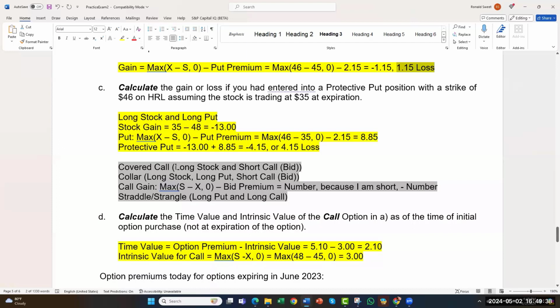Making it clear, whatever you get on this part, make sure you know that. Stock's easy: whatever that ending price is minus what that first number is. And then everything else is what you've already done. There's no difference, other than you might have to substitute the bid for the ask on the call option and then change the sign of that answer, but you're using the same formulas over and over and over again.